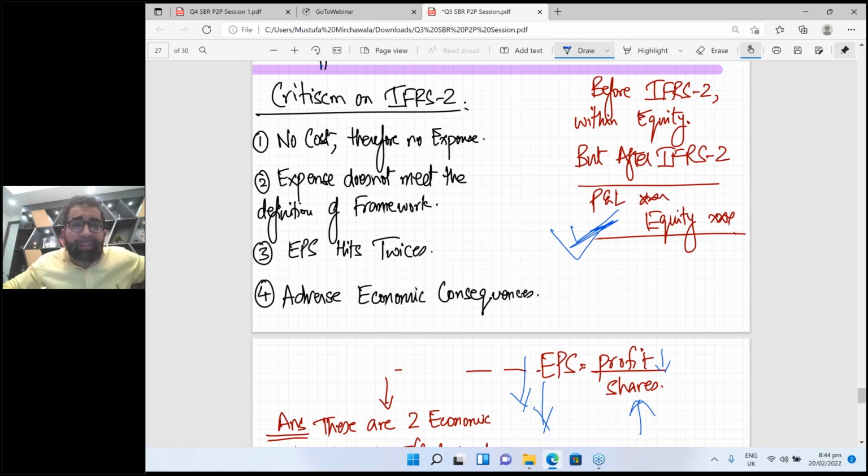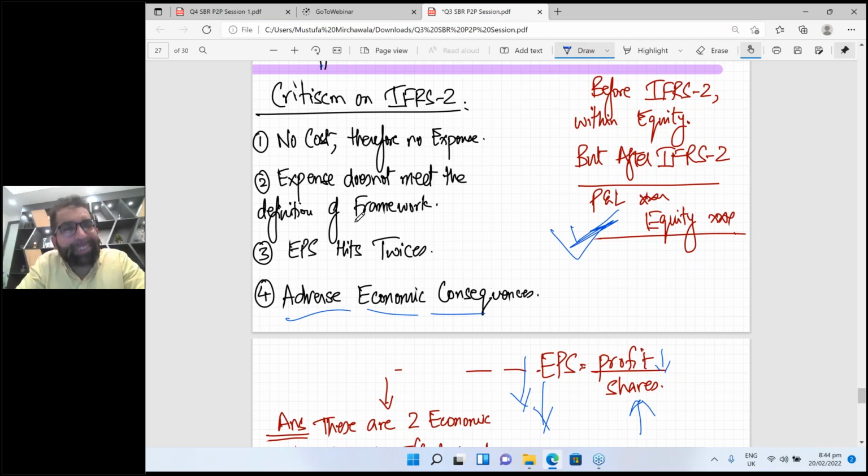So this is the evidence that after the introduction of this IFRS, companies stopped giving share options to their employees. So this is very bad for the growth of companies and all. See, adverse economic consequences will come, people said.